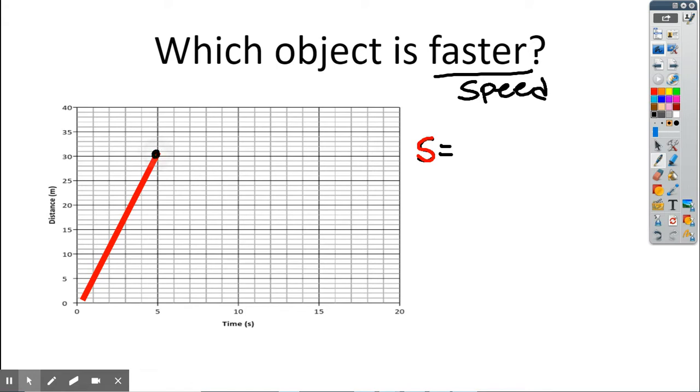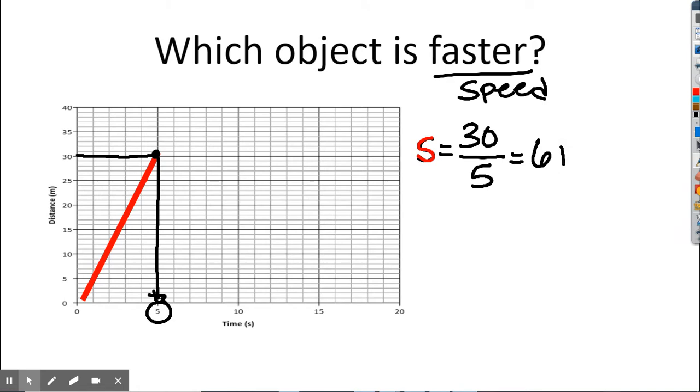It went a distance of 30 meters. So distance divided by how long did it take? 5 seconds. So 30 divided by 5 would be 6. So it went 6 meters per second. That was our red one.